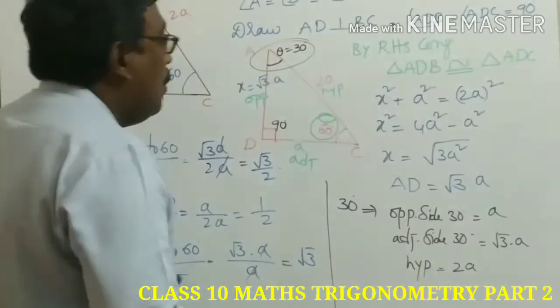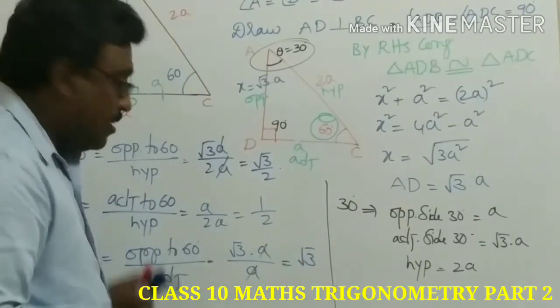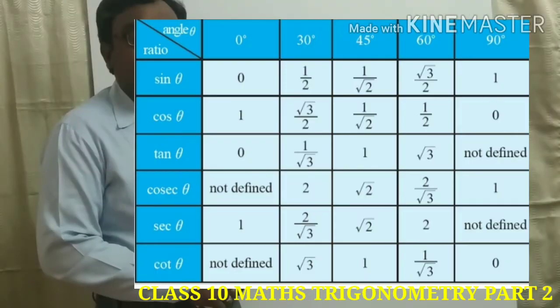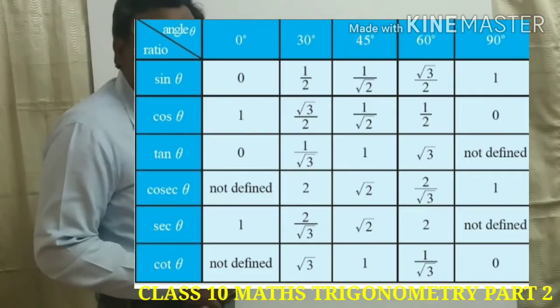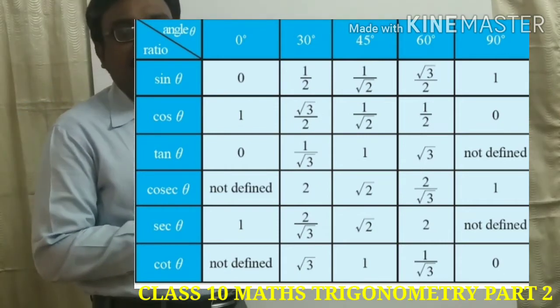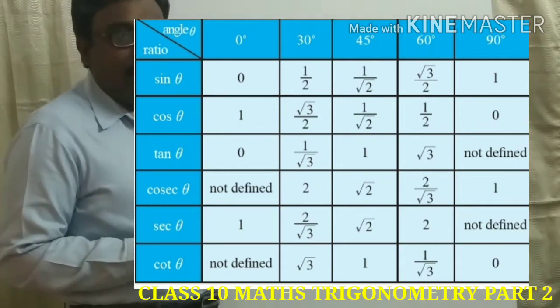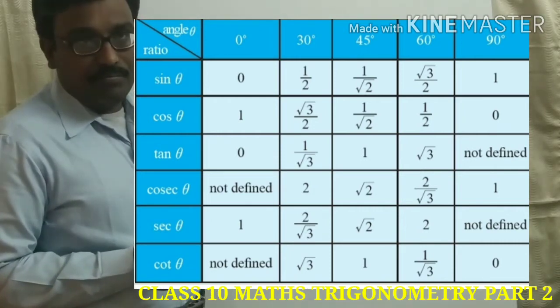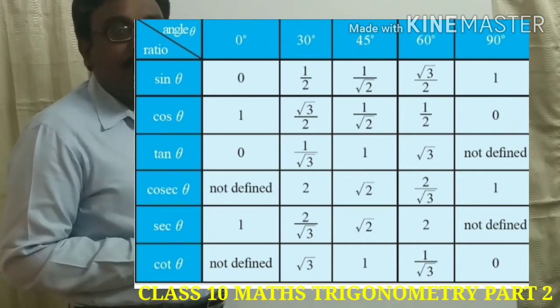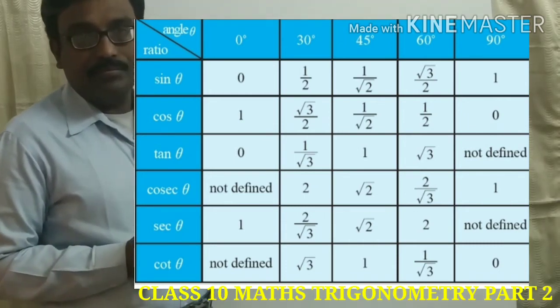Then the hypotenuse. Now, if you apply the sine formula, sine 30 is opposite side to 30 by hypotenuse. Sine 30, cos 30, tan 30, cosecant, secant, cot also you can complete by using this triangle.